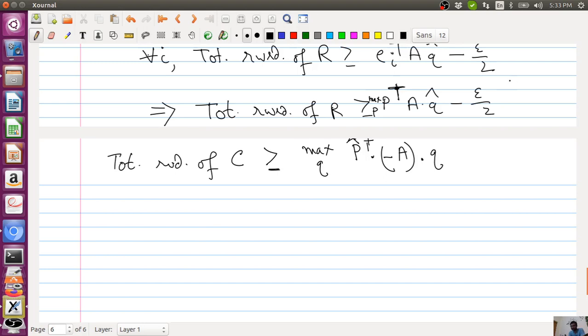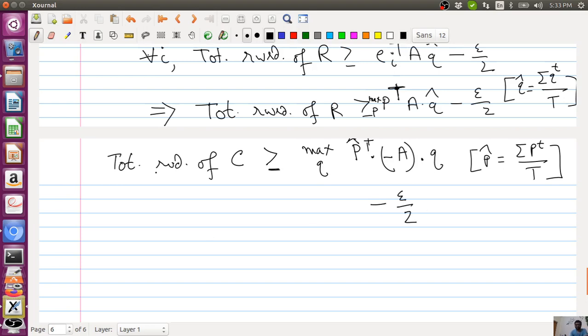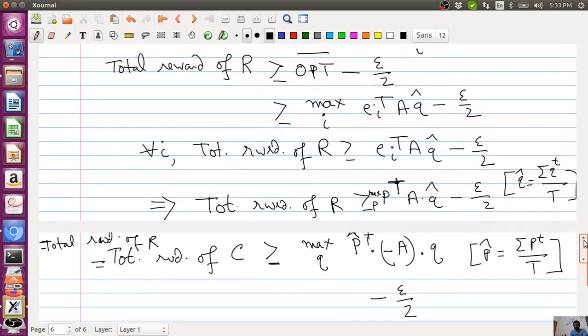Q hat was summation Q_t over capital T, and P hat will be summation of P_t over capital T. And the total reward of C will be equal to minus the total reward of R. You can follow this from symmetry.